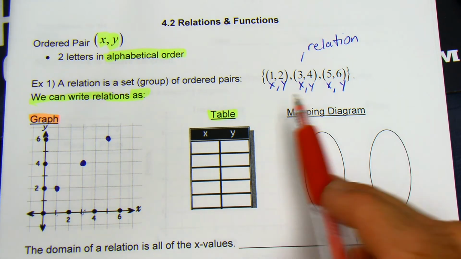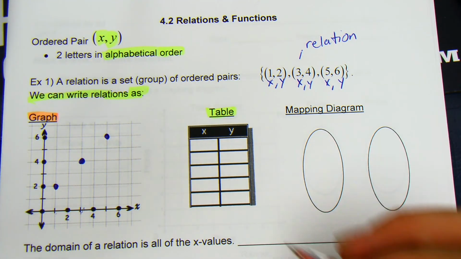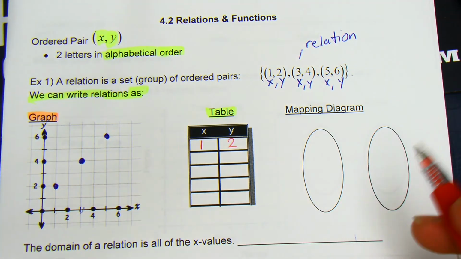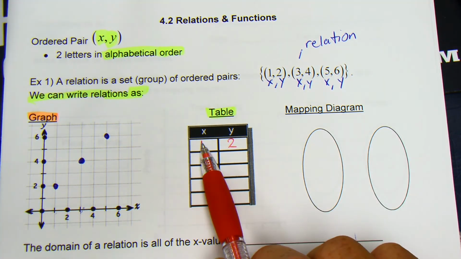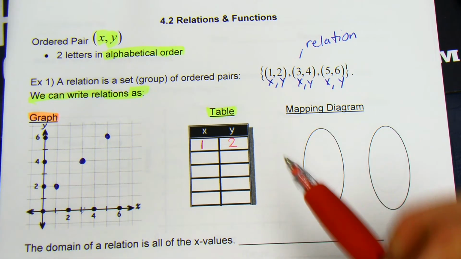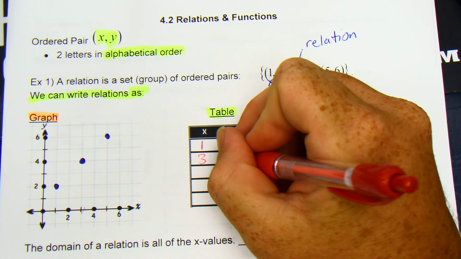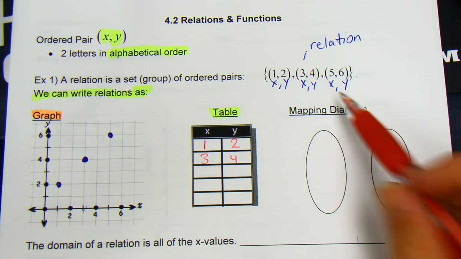For example, if we put the first ordered pair, 1, comma 2, in this table, my x would be 1, my y would be 2, because up here we have 1, comma 2. For the next one, 3, comma 4, my 3 goes on the left under the x column, and my 4 goes on the right under the y column. Same with 5, comma 6.